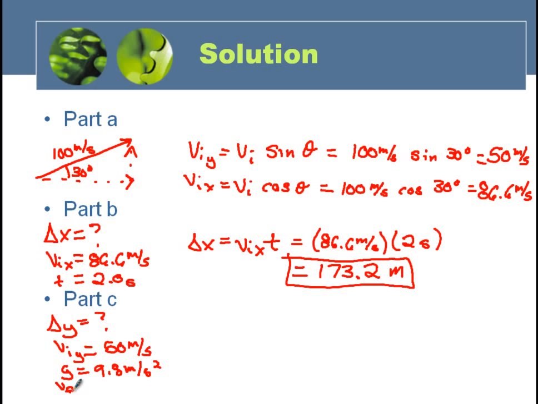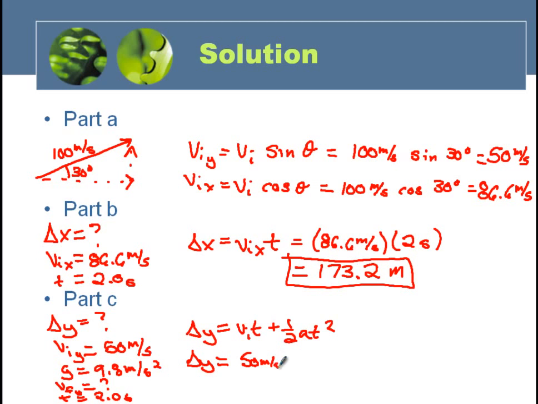Our VF we don't know, and our time we do know, 2 seconds. So what equation are we going to use for this? Well, might as well just use this one, delta y, since we don't know what the final velocity is. Delta y equals VIY t plus 1/2 a t squared. So delta y, plug in your numbers.